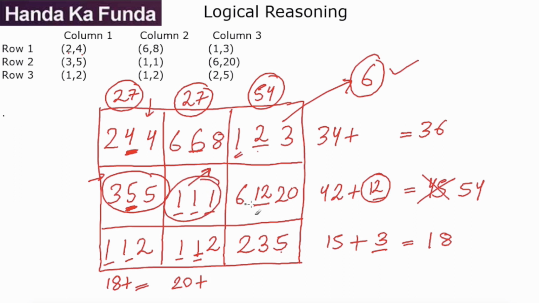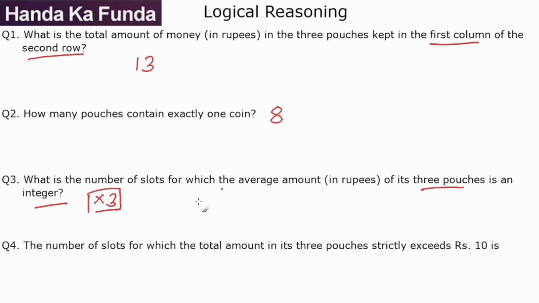So I've got 2, 6, 12 and 20, so that is 38. 4 here, 4 here, 10 here. So I have only 2 of them. The middle one, 111, and the top right one, which is 123. So I got 2 of them which satisfy the criteria where the average is an integer.